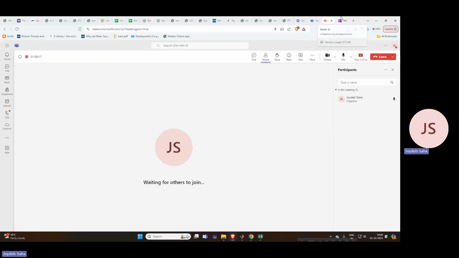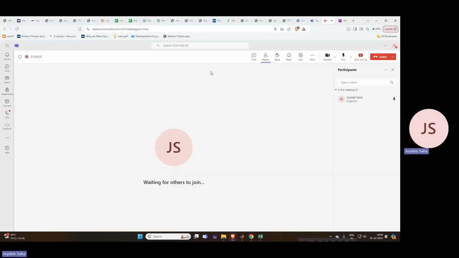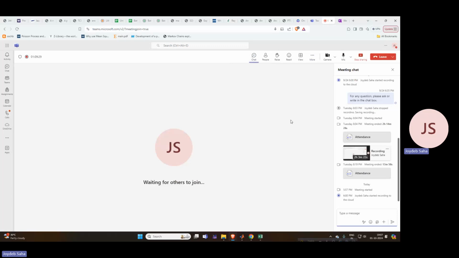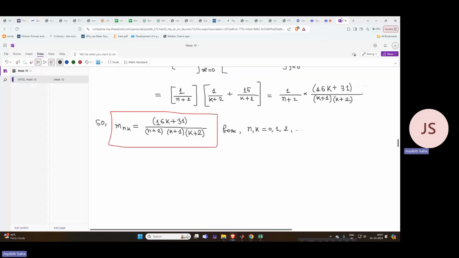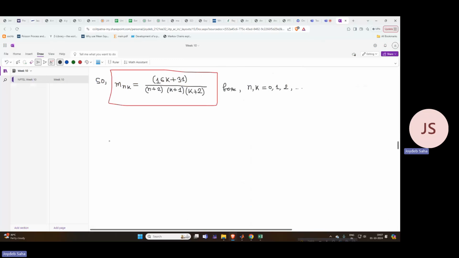Okay, so let us discuss the next question. If there is any query, is there any query? No. Okay, then we are going to example 3.